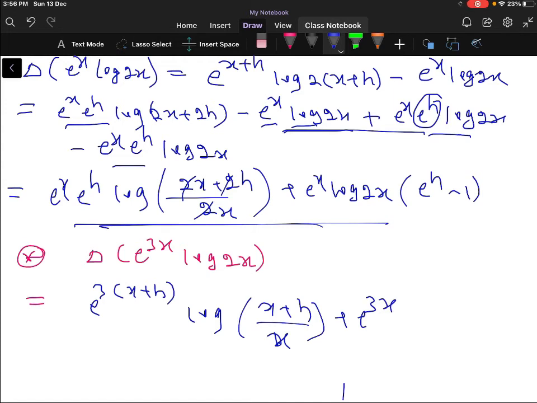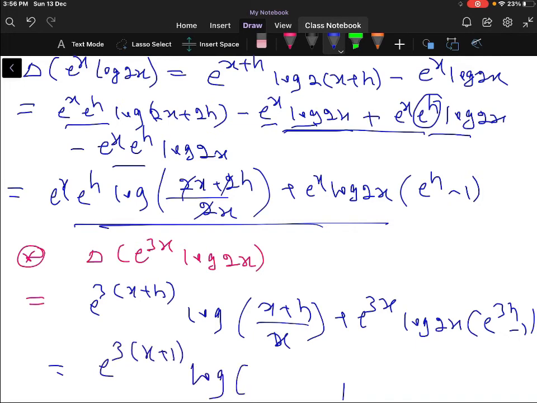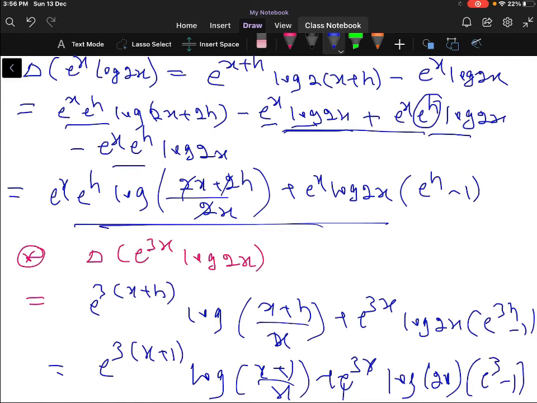In place of e power x we have e power 3x here, into log 2x into e power 3h minus 1. If you take h is equal to 1 here, this can be written as e power 3 times of x plus 1 into log of x plus 1 by x plus e power 3x into log of 2x into e power 3 minus 1. So this is the result.